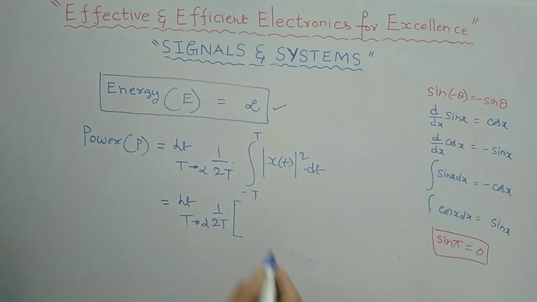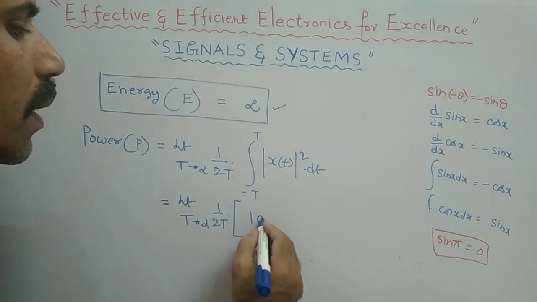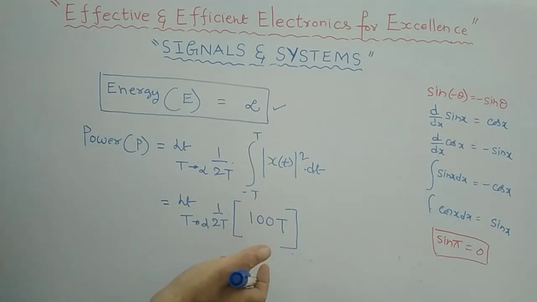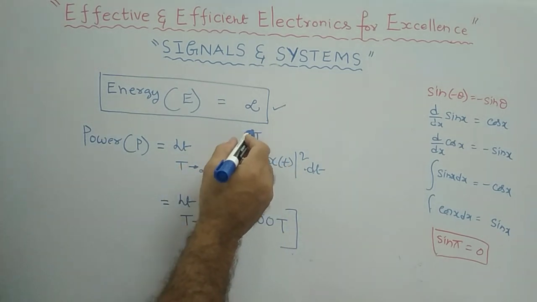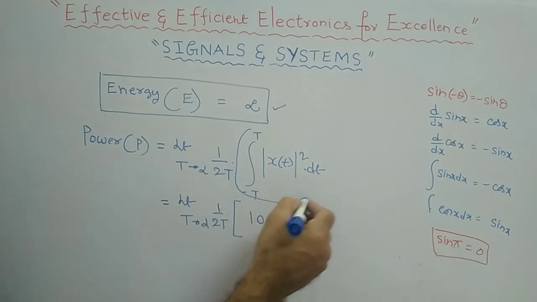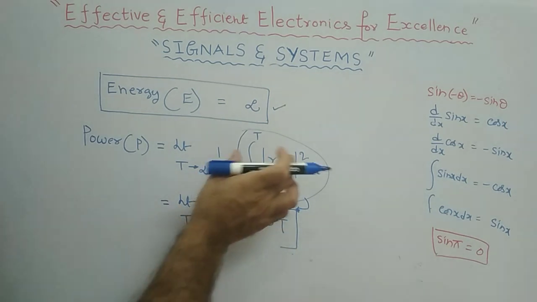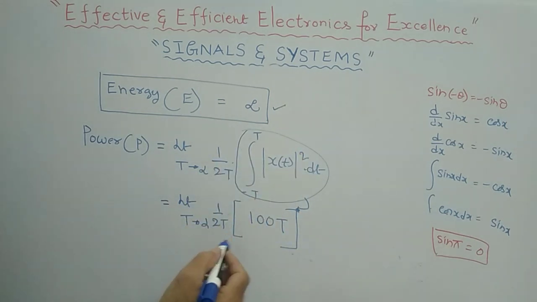It is 100t. We got 100t basically. Clear? Simply substitute that. This particular integral value is nothing but 100 into t. If you apply the same here, then t and t cancel out.